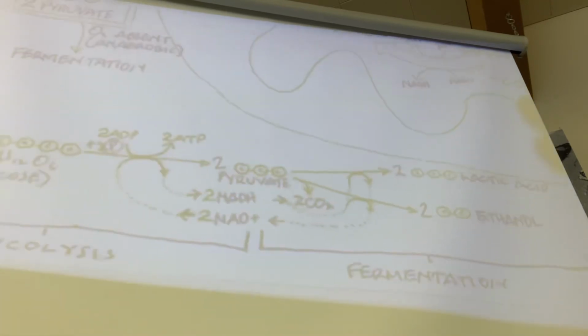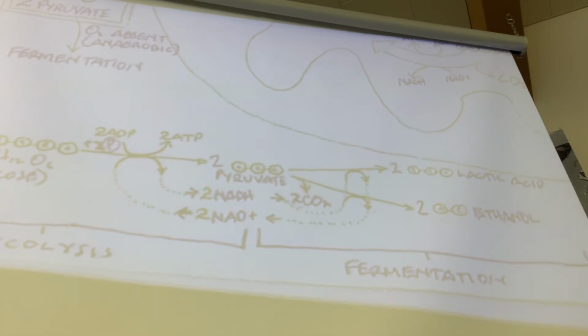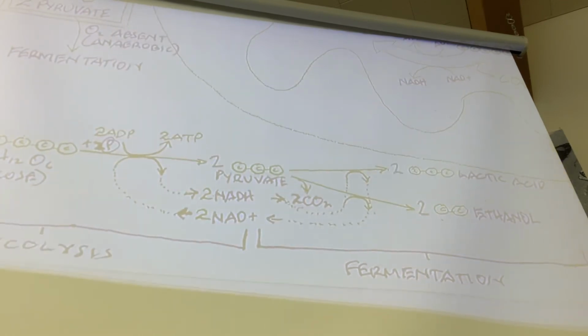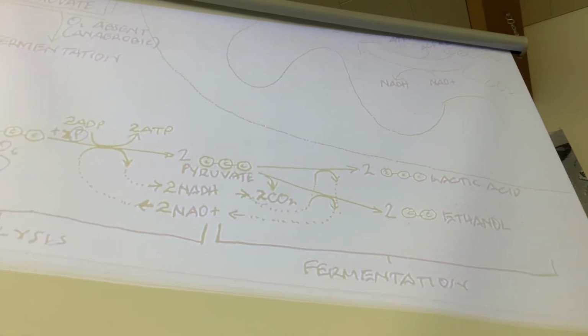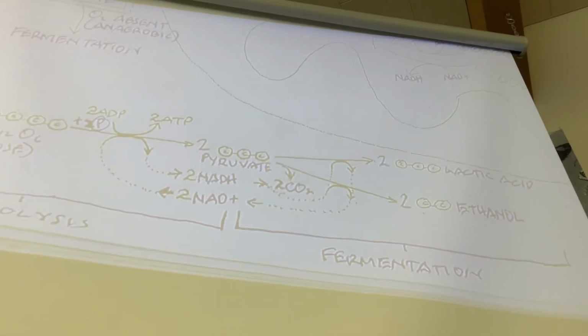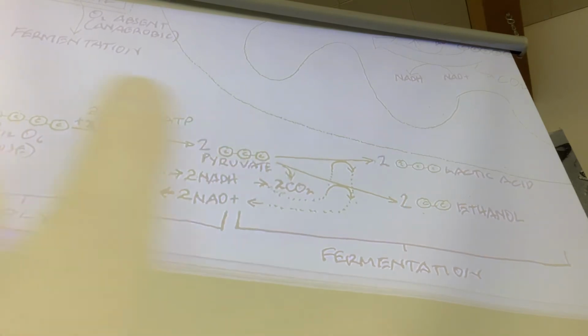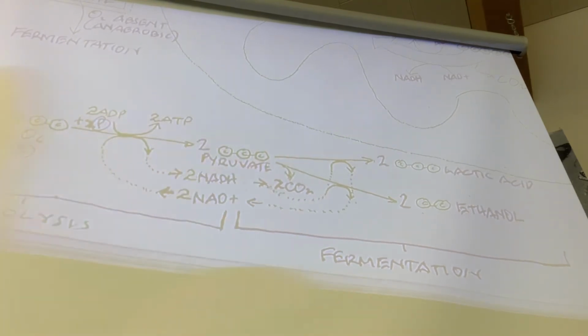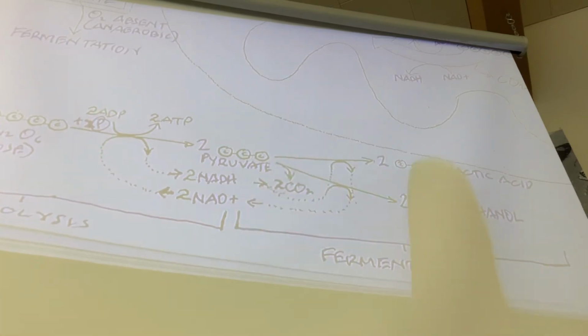Now when we look at this, on the glycolysis side we're doing glycolysis. Fermentation is just the process of recycling that NAD plus molecule. That's how the cell is able to do that. We showed two processes, lactic acid fermentation and alcoholic fermentation.